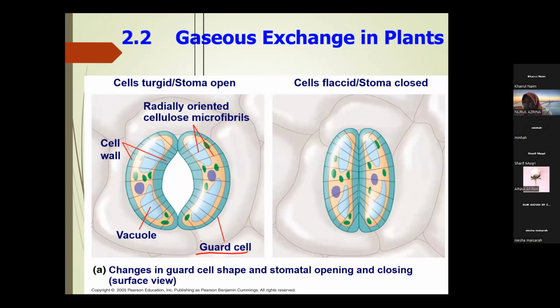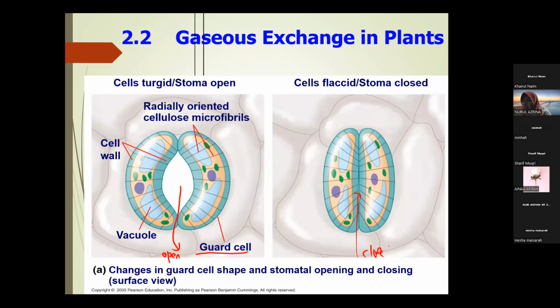These are the two guard cells, 1 dan 2, and this is when stomata is open, and this is when the stomata is closed. These 3 features actually mempengaruhi what makes the stoma open and close.